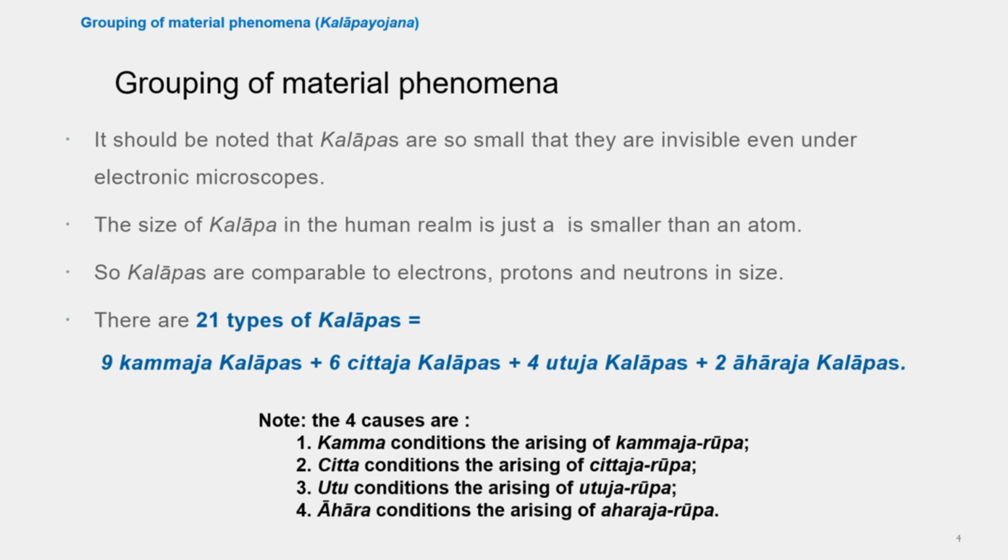Nine are Kamaja, meaning Kamma-born Kalapas. Six are Chittaja, Chitta-born Kalapas. Four are Utuja Kalapas, born of temperature or heat. And two are Aharaja Kalapas, born of nutriment. So basically they break into these four categories. You have to remember the 21 types of Kalapas formed in this group of material phenomena.